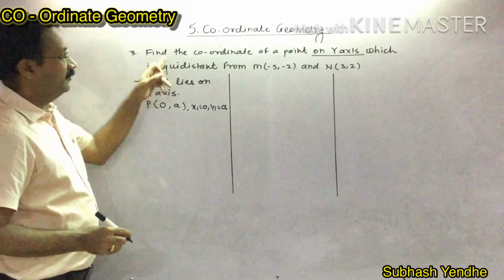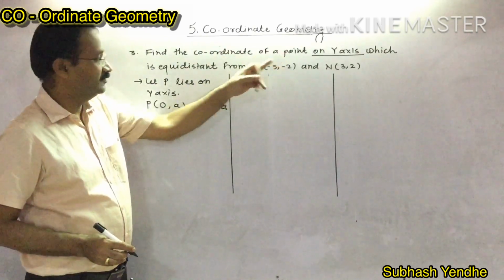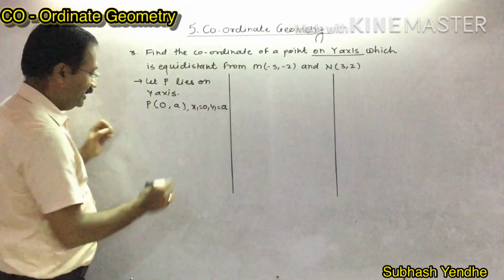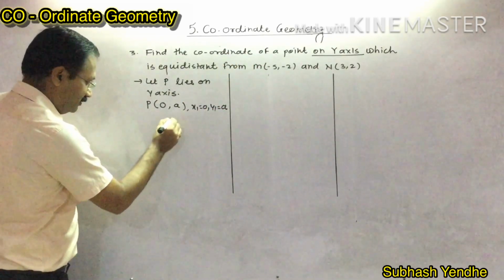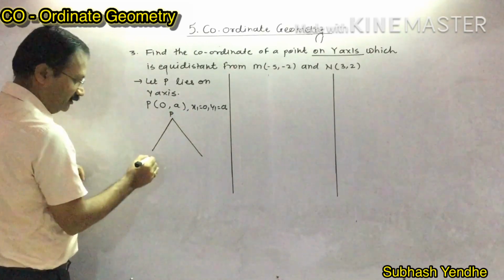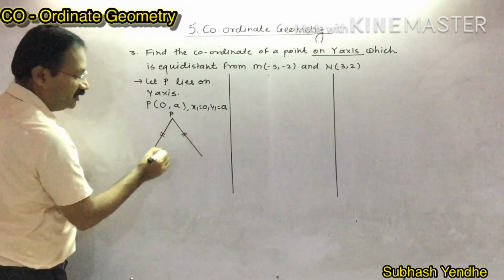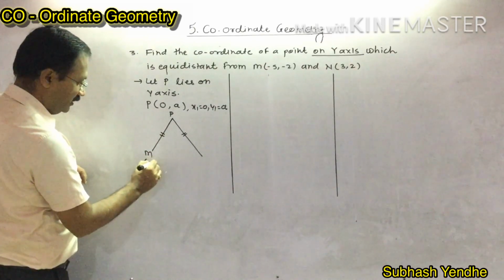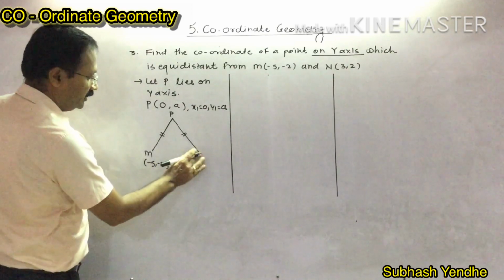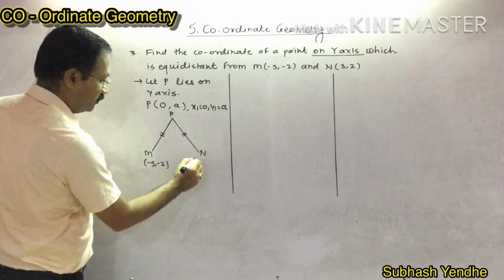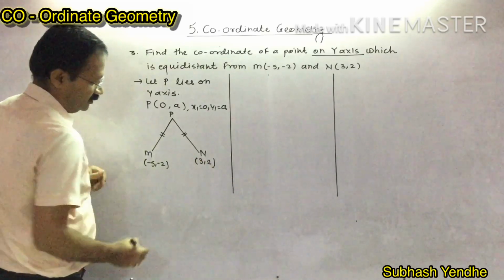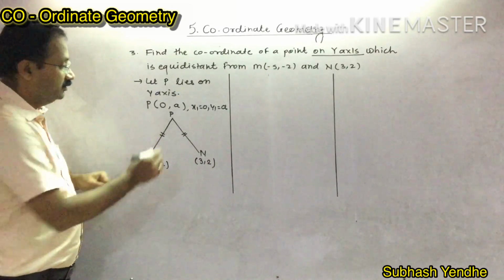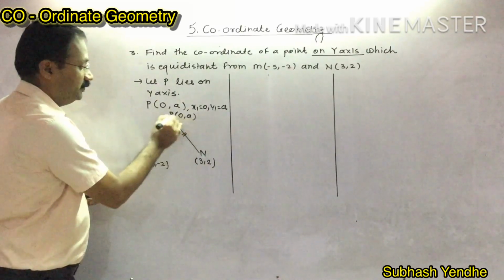Now what they are saying is to find the coordinates of the point on the y-axis which is equidistant from M and N. So it means P is the point here. These distances are equal. Here it is M, whose coordinates are -5 and -2, and here it is N, whose coordinates are 3 and 2. They are equidistant and you have to find the coordinates of P.